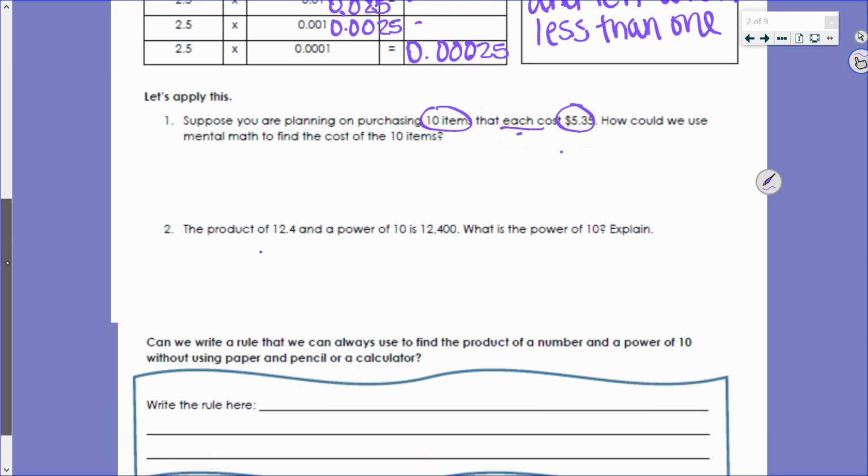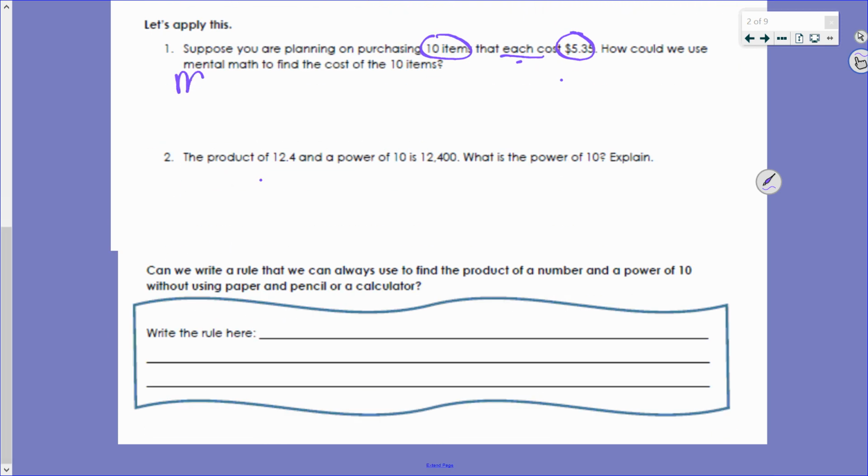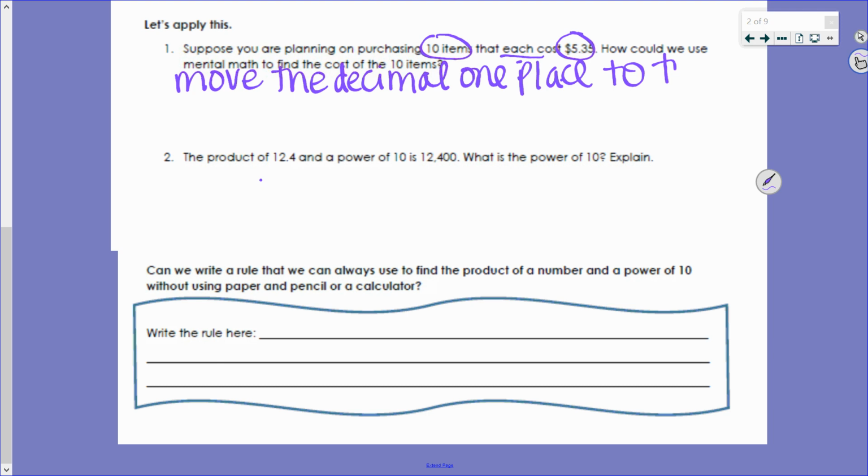So we can move the decimal. Move it up. Yeah, okay. One place. What direction? To the left or to the right? Right. Why? Because we're going up. Because the number is getting bigger because it's 10. Okay?